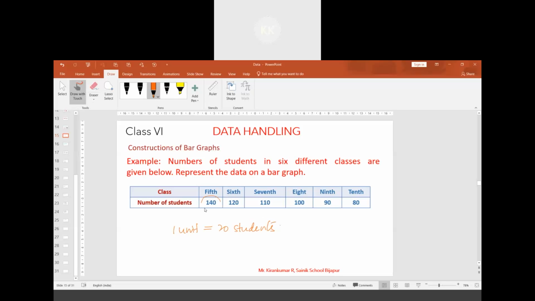Here when we divide, we get 7 units. For this we get 6 units. For this we get 5.5 units. For this exactly 5. For this we get 4.5 units. For this we get 4 units. So these units can be represented on OY, that is the y-axis.